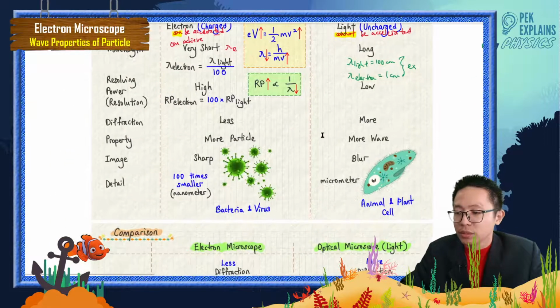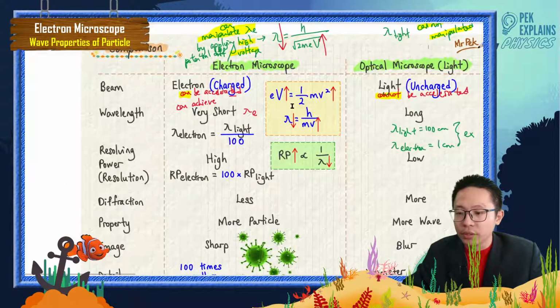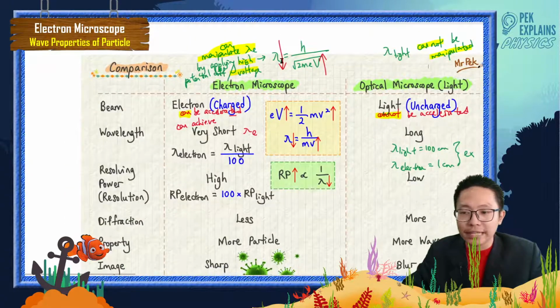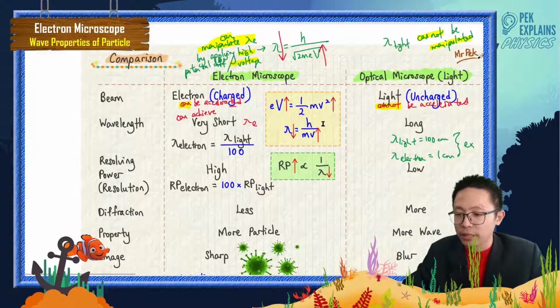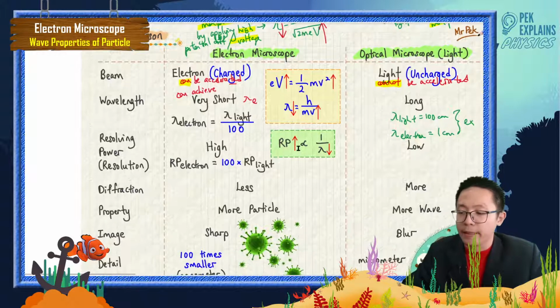So you can make the wavelength of the electron very, very small by applying very, very high voltage, because high voltage gives very high velocity. At very high velocity, according to the de Broglie wavelength, the wavelength of the electron becomes very, very small.